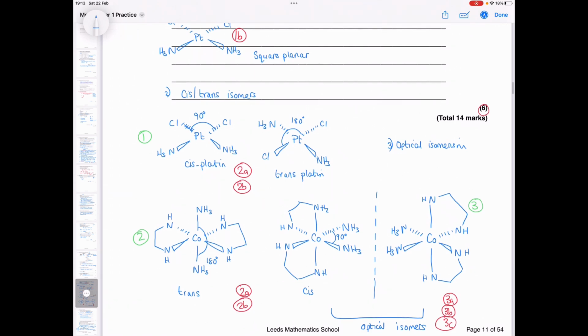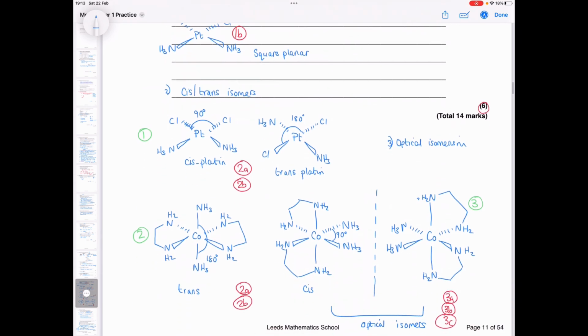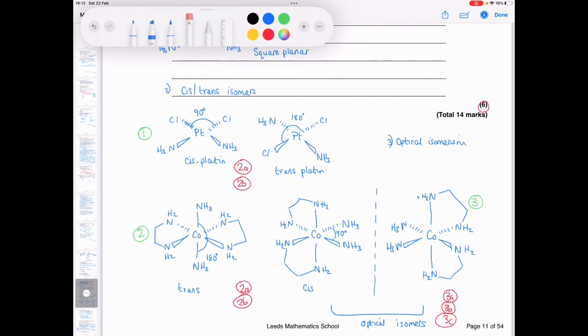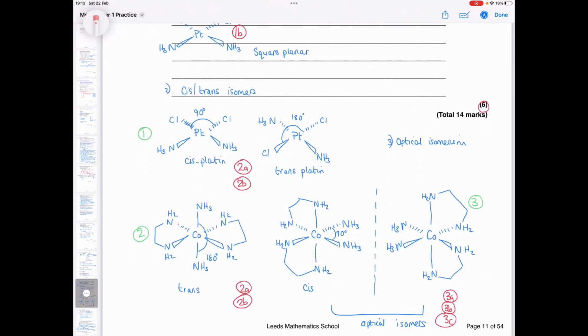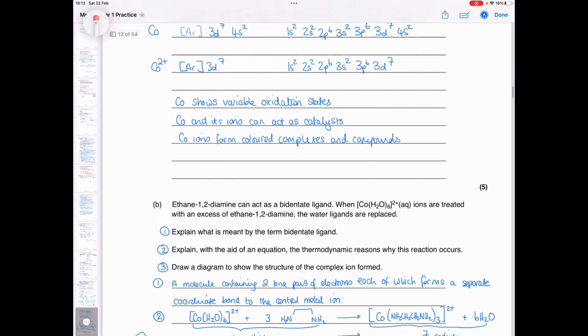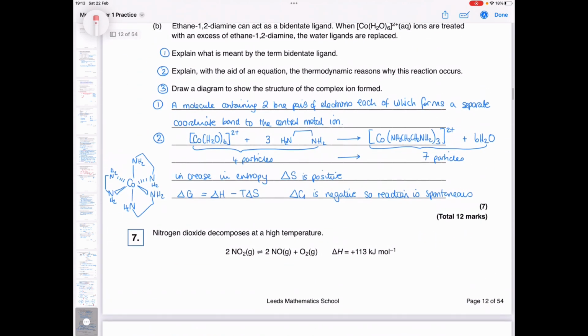Oh, I didn't put enough hydrogens on my octahedral complexes. There we go. That's better. Okay, so we've drawn our diagram to show the structure of the complex ion formed.